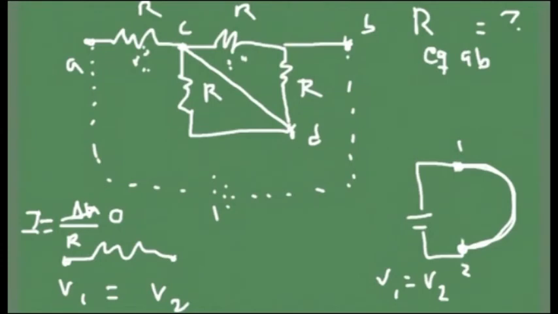Is there any resistor that has become irrelevant because of the connection of the cable? Clearly the one on the left of that square has turned irrelevant. There is no current that is going to bother to flow there. Okay, so this might as well be taken out of the circuit.